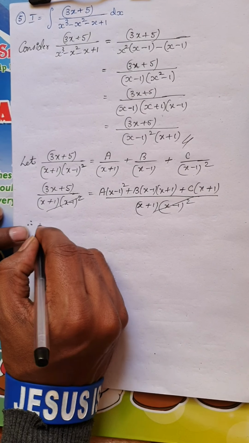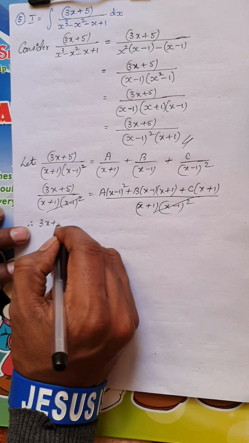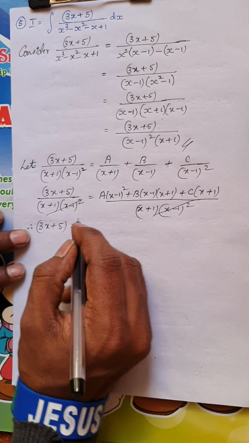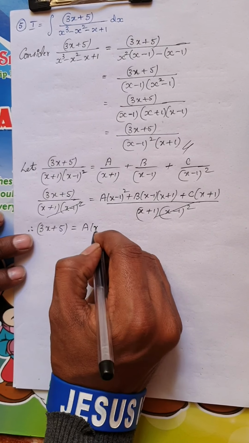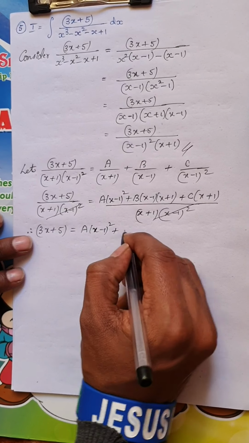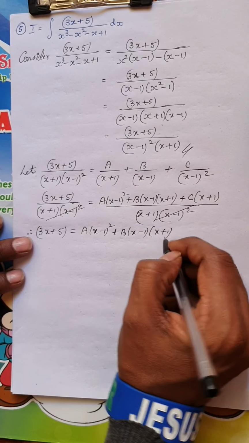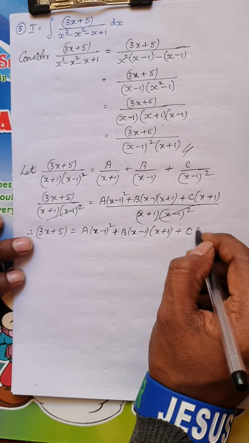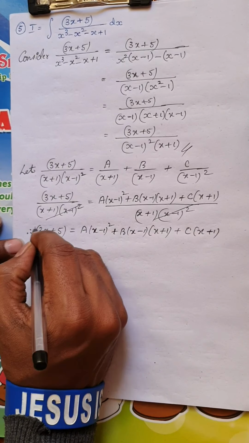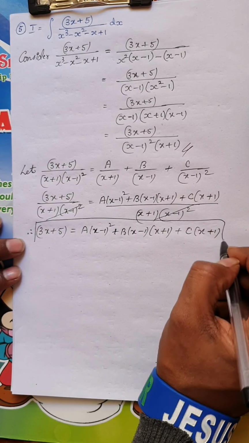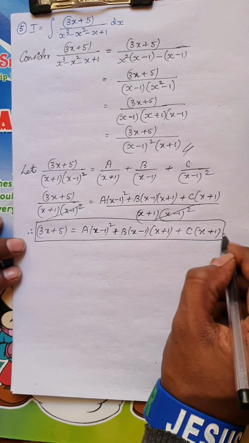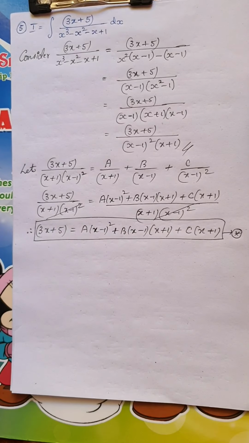Therefore, my equation would be 3x plus 5 is equal to a into x minus 1 whole square plus b into x minus 1 into x plus 1, plus c into x plus 1. So, this is my required equation to get the values of a, b and c.